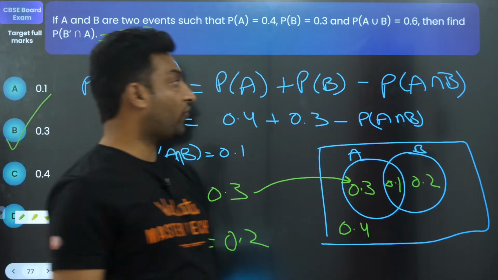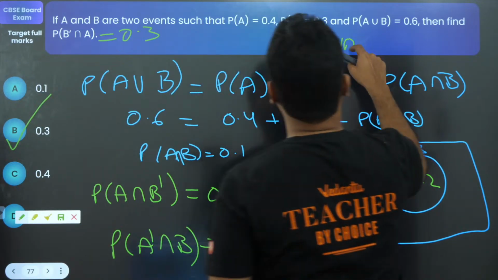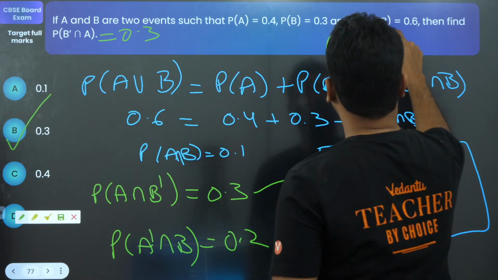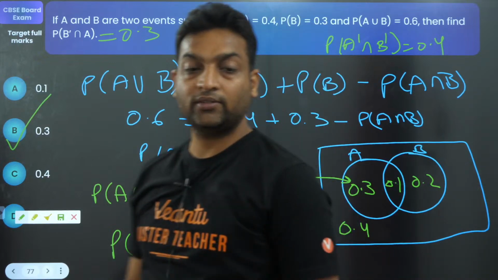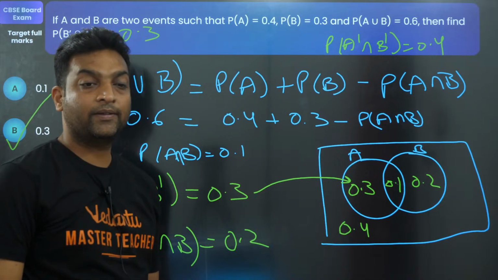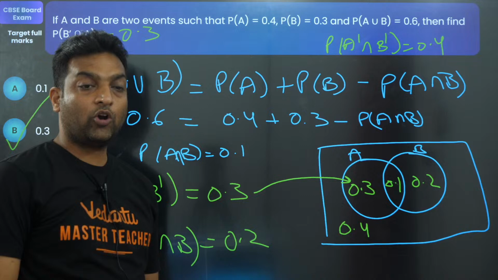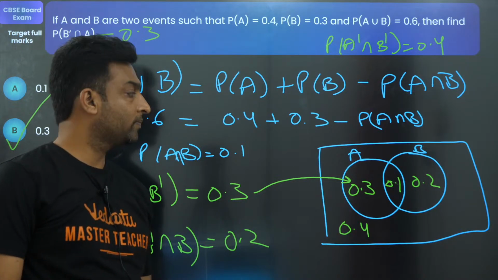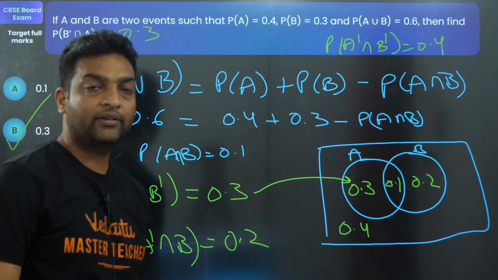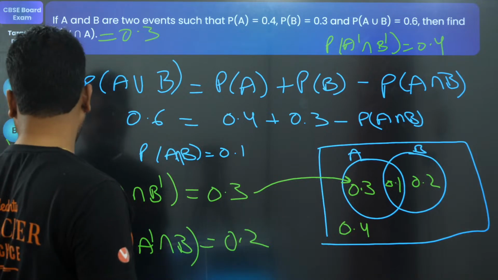What is probability of A naught intersection B naught? 0. Anything can be asked. Clear? I hope this is perfectly clear. Should we move ahead? Yes, let's not waste time.